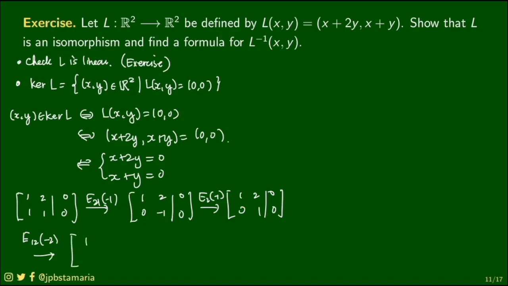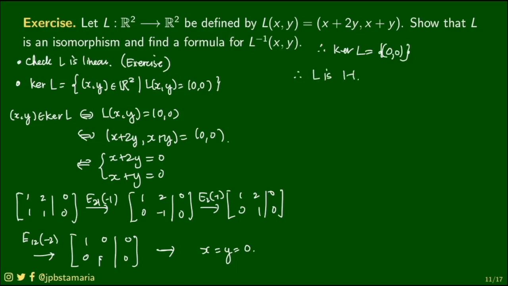So I have 1, 0, of course. Oh my gosh. So what happens is that x and y are both just 0. So therefore, the kernel only has one vector in it, namely the 0 vector. Therefore, L is 1 to 1. Or a monomorphism if you want to be fancy.